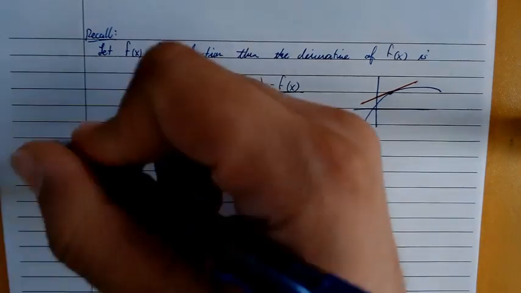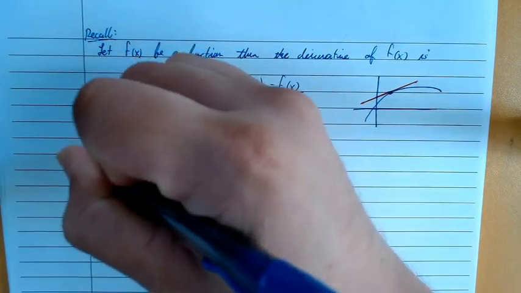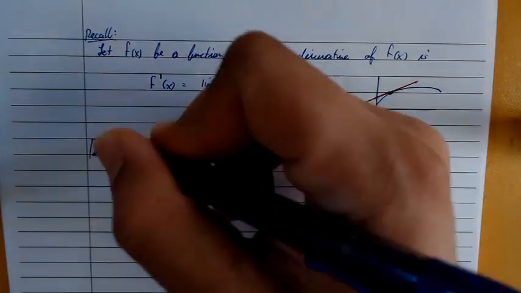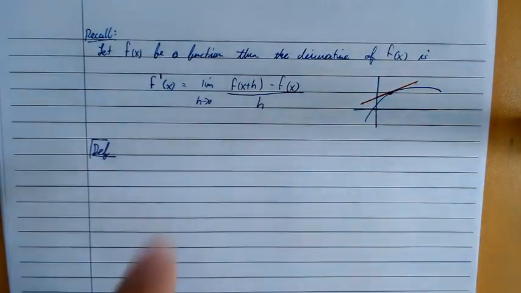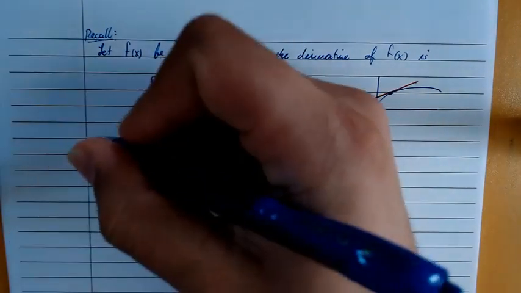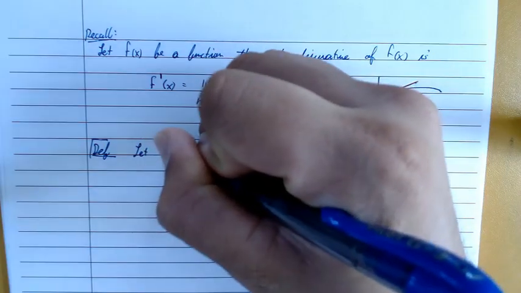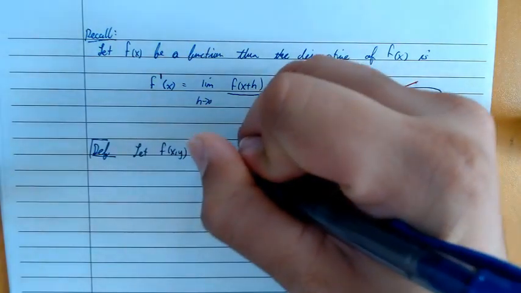So this brings us to our updated definition, where we define the partial derivative. Here, one thing you'll note is it looks very similar to this, which of course it should. We're defining a derivative. Let f of x comma y, so we have a function of two variables now, be a function.